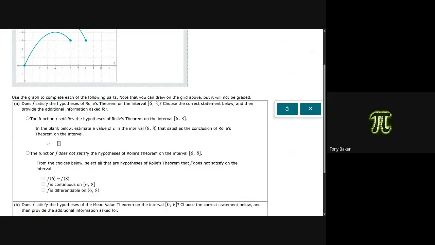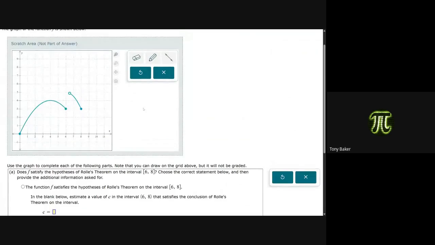And it goes, okay, so between 6 and 8. So if we look at the graph, between 6 and 8, there's 3 things that it has to meet, right? What are the 3 things for Rolle's theorem? It has to be continuous, differentiable, and for Rolle's, they have to be the same. Okay?